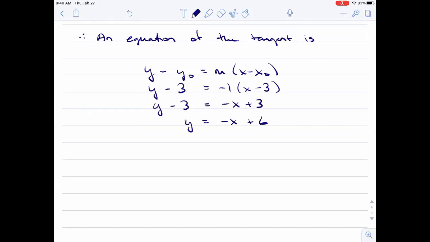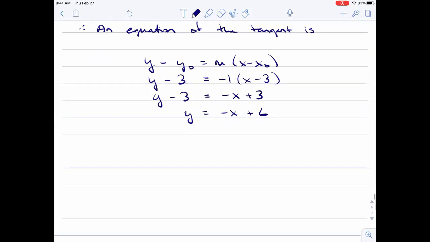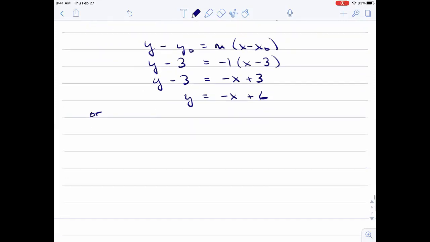Or implicitly, x plus y equals 6. It doesn't matter which way you write it. I'm okay if you stop at just y equals -x plus 6.